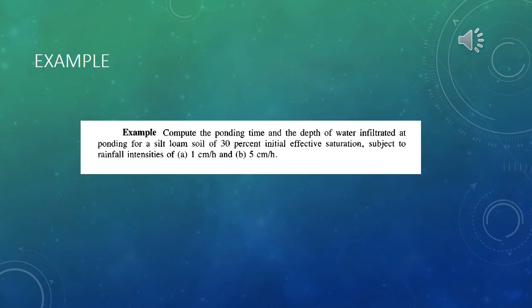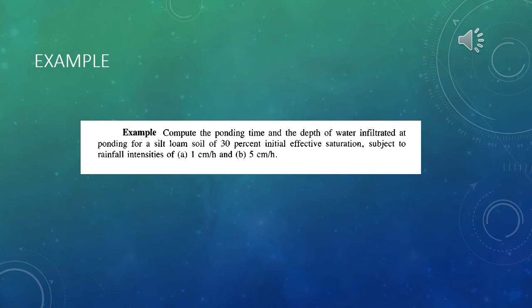In this example, compute the ponding time and the depth of water infiltrated at ponding for a silt loam. Again, the same soil type, again 30% of initial effective saturation, subject to rainfall intensity of A, 1 centimeter per hour, B, 5 centimeter per hour. Two different cases.